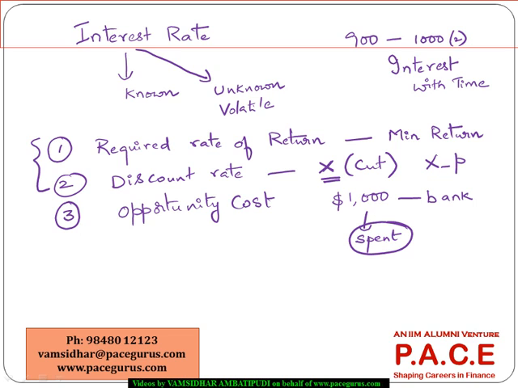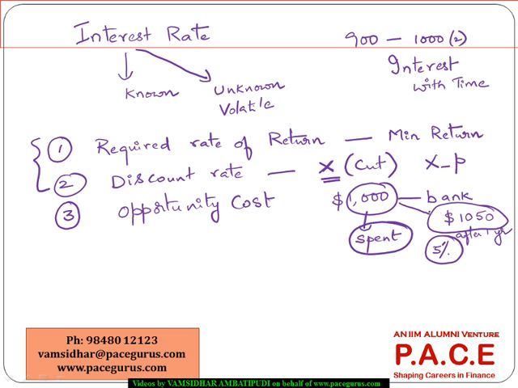If I am spending 1000 today, I have lost an opportunity of getting 1050 after 1 year, which means the opportunity cost here is 5%.